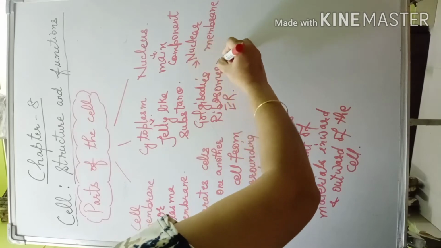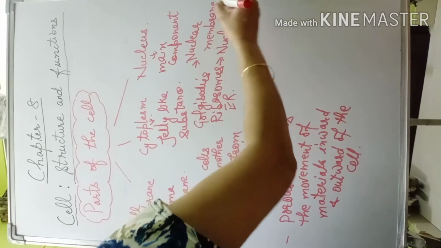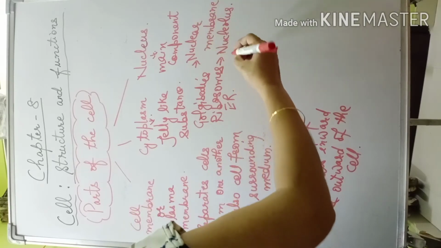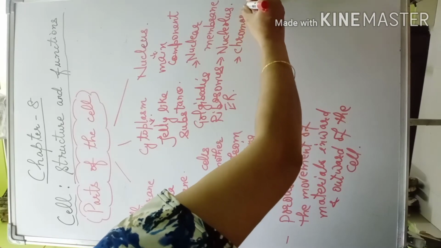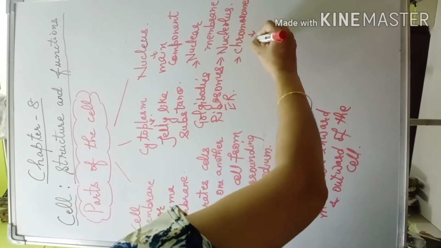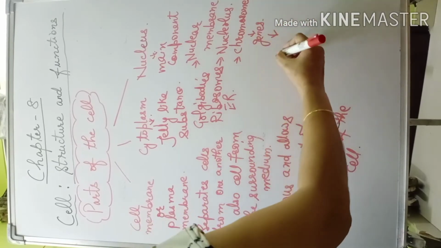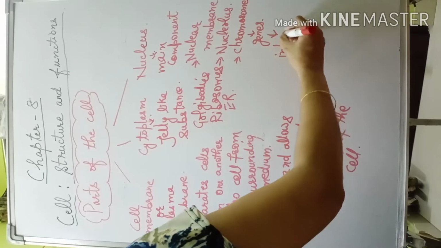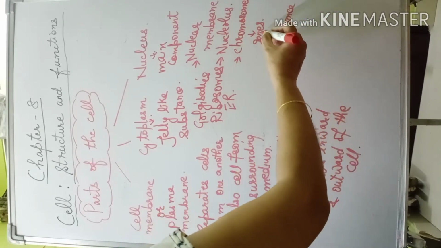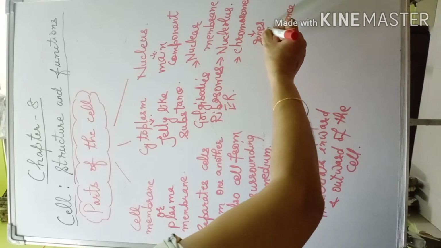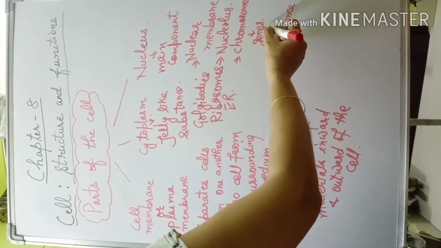Then in the nucleus there is a spherical body which is known as nucleolus. The nucleus also contains chromosomes which carry genes, and genes are the unit of inheritance. It means genes help in the transfer of characters from the parents to the offspring.